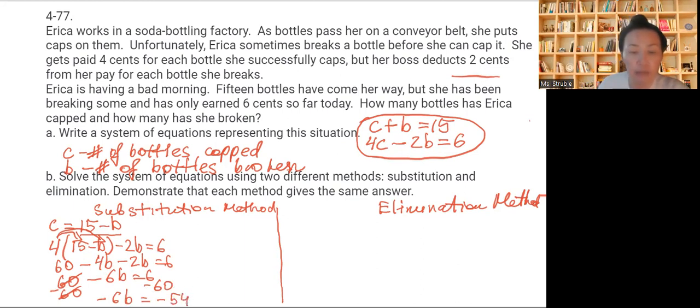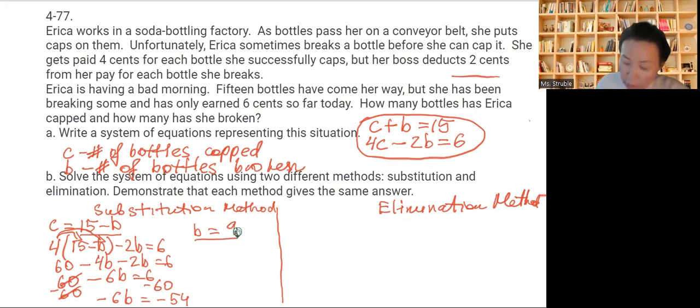To find B, we divide both sides by negative 6, and B equals 6 divided by negative 6, which is negative 1.